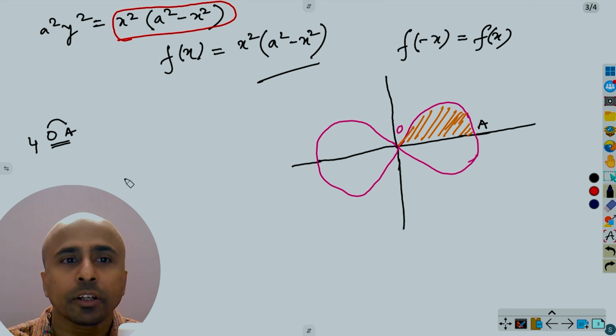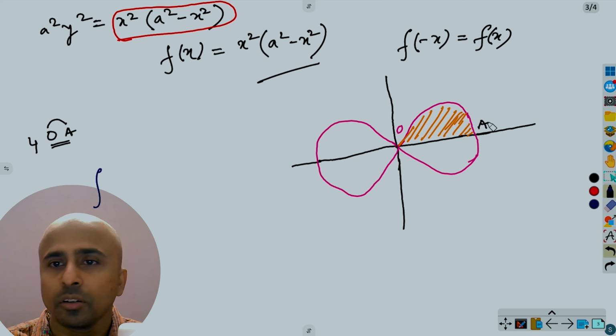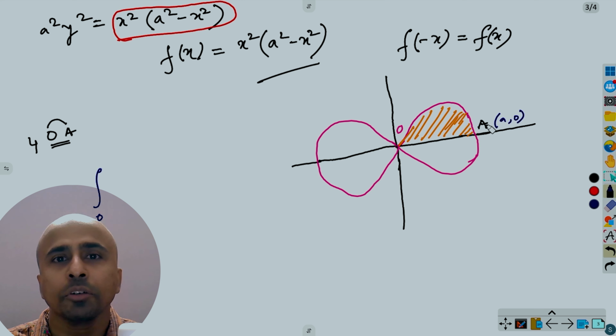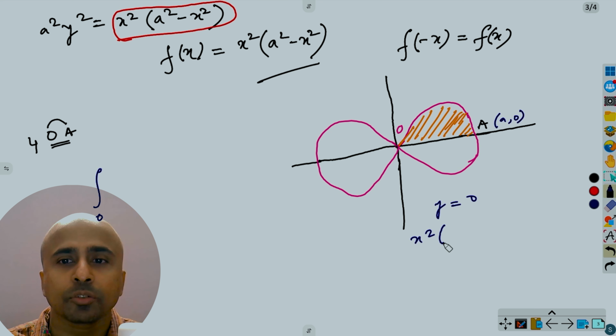I am using a different color here. But in order to evaluate this area from O to A, we need the value of this point. It will be something like (a, 0). We know the coordinate of the origin is 0, but we need to find the point A. That is also very simple. For that, we substitute y equals 0, and this gives x squared times (a squared minus x squared) equals 0.